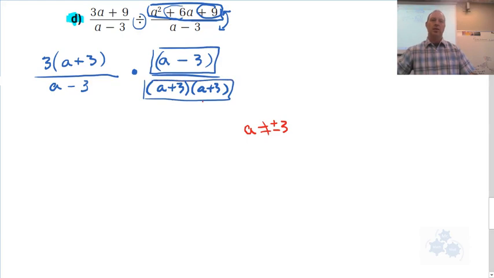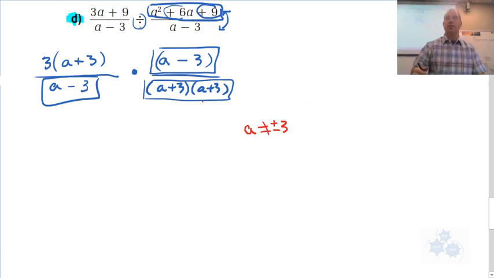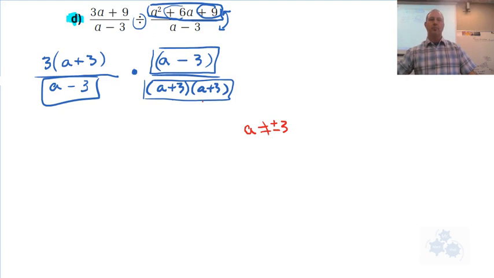So I need to take care of all of these, which actually this is a positive 3 as well, so we don't have to change anything. But you do have to look at the numerator and denominator of something that you're dividing. Okay. And we'll keep going to this one. So a plus 3 and one of these a plus 3's is gone. A minus 3 with an a minus 3 is gone. So I'm left with 3 over a plus 3.